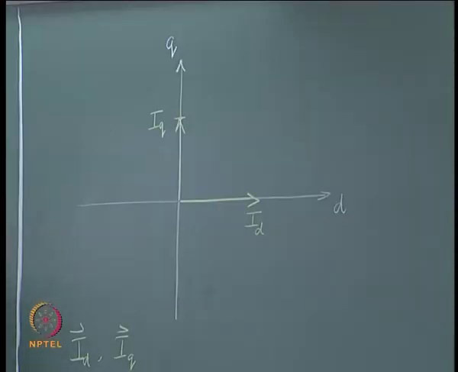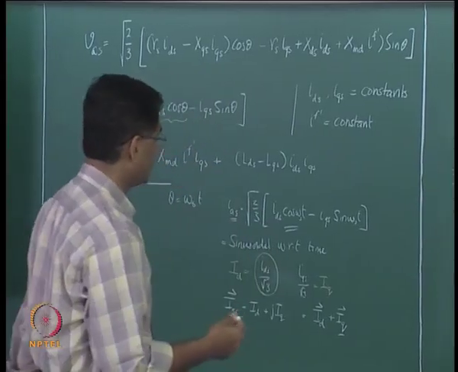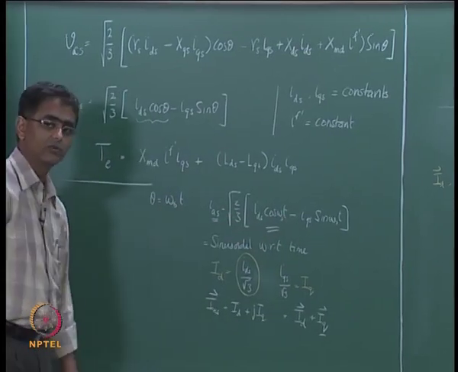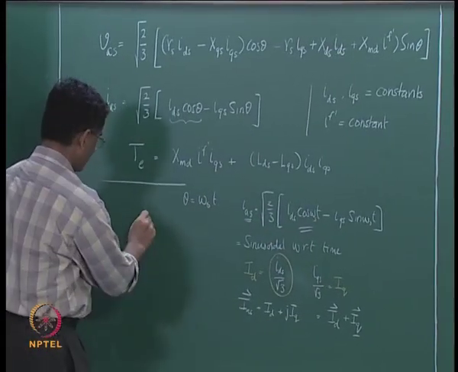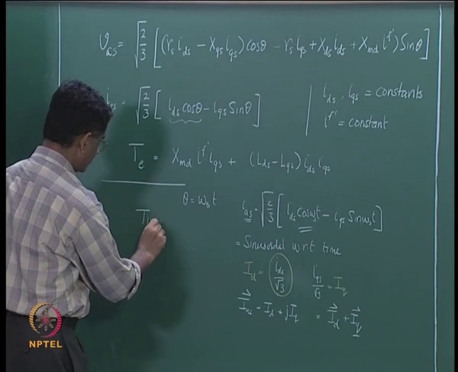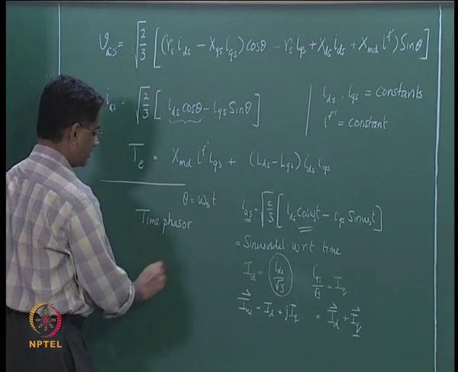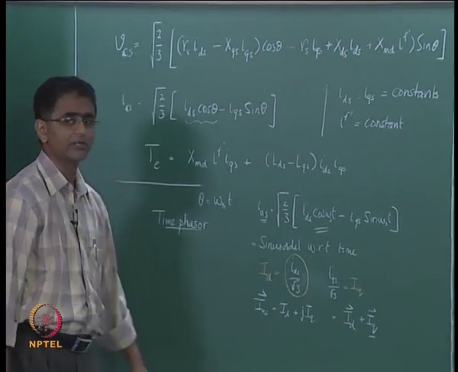Now one must remember, we have talked about space phasors earlier. These are not space phasors, since we are dealing with cos omega t, sin omega t and so on, these are time phasors. We are drawing a time phasor diagram and it is not really a space phasor diagram.